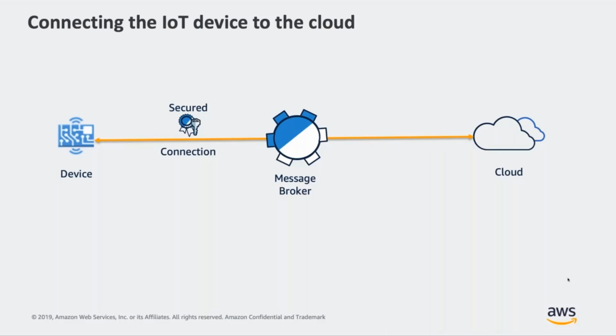So in effect, you decouple the producers and consumers of this data using this broker. These are some of the core technologies that you need in order to establish that link between your IoT devices and the cloud. Now let's look at how AWS provides these technologies to you so that your IoT devices can send data to the AWS cloud.